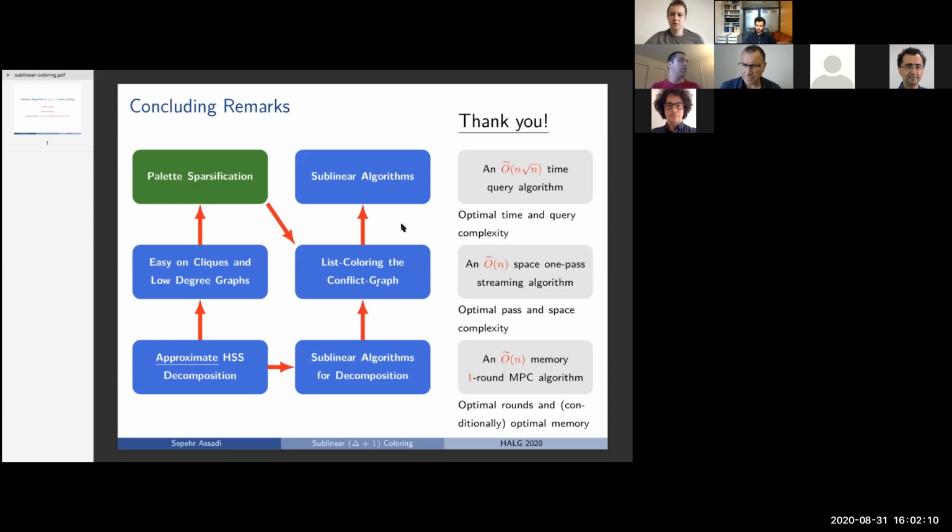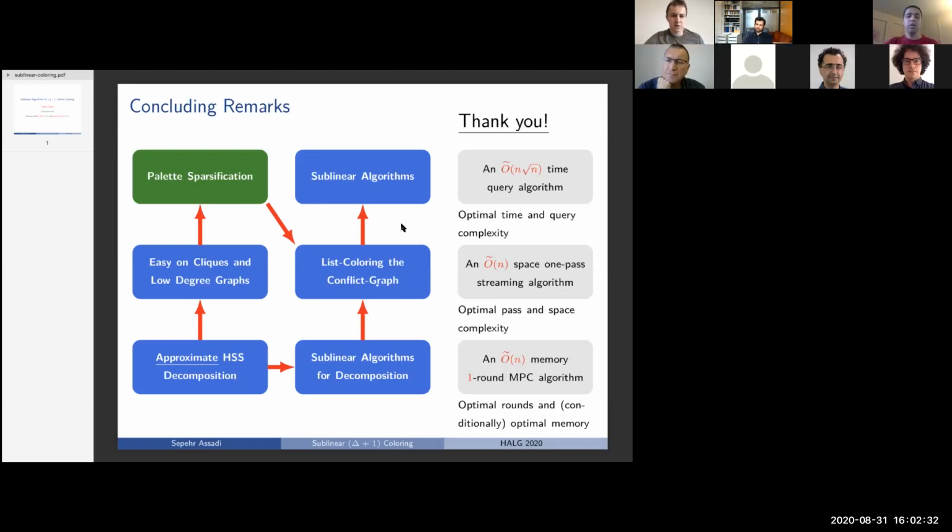For instance, they've proved that every graph can be colored even with delta minus one colors if delta is sufficiently large and the graph is not a clique. Or there are some results for proving frugal coloring: you can find a delta plus one coloring such that no color appears more than log delta over log log delta times in the neighborhood of each vertex. These types of decomposition have been used to prove those results.